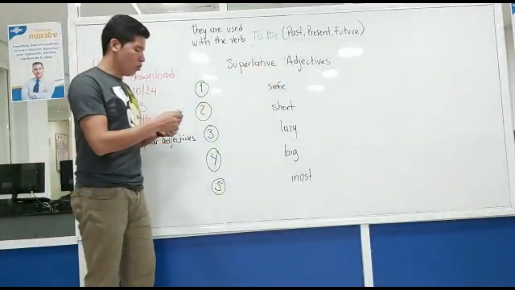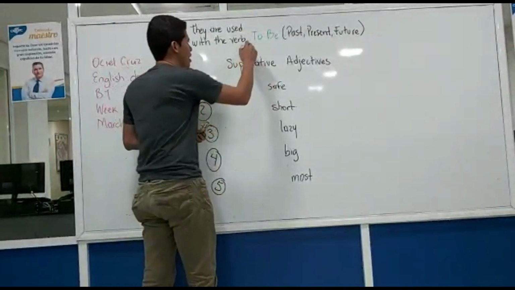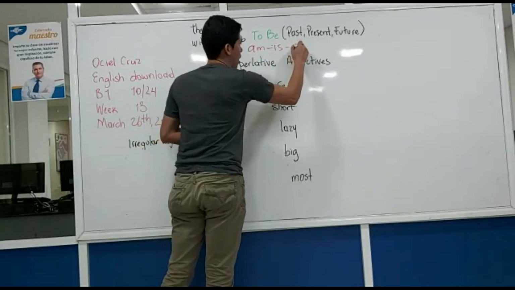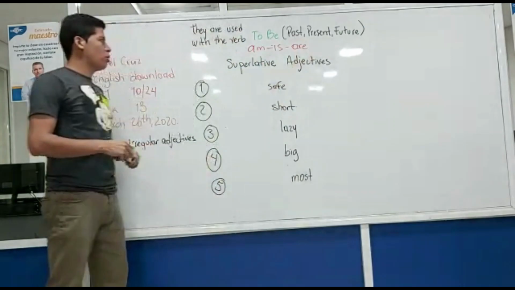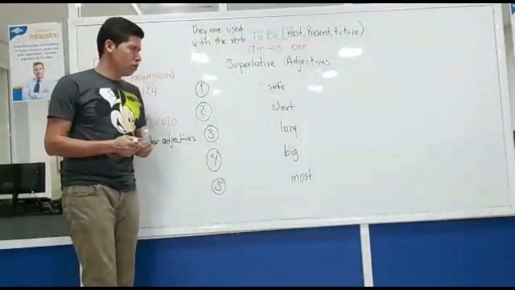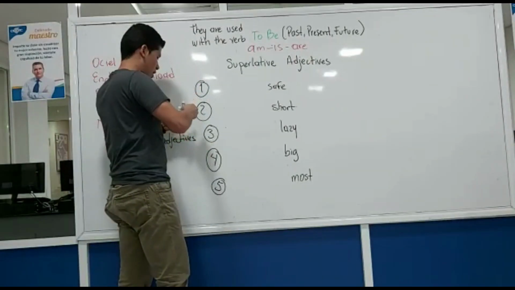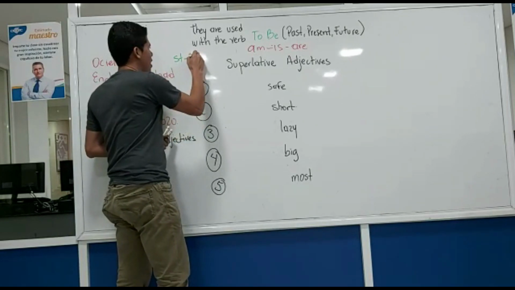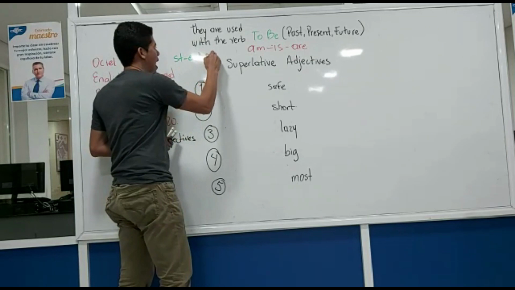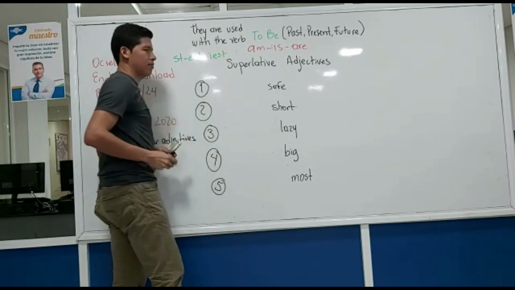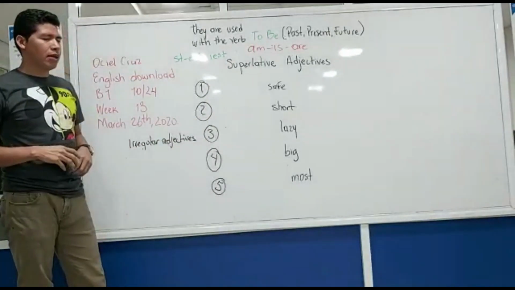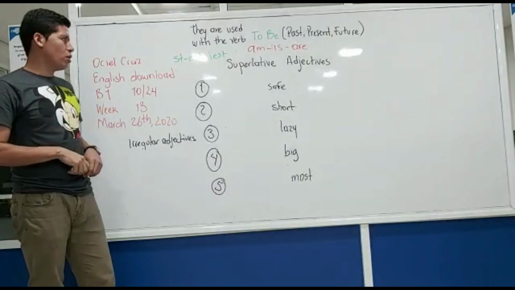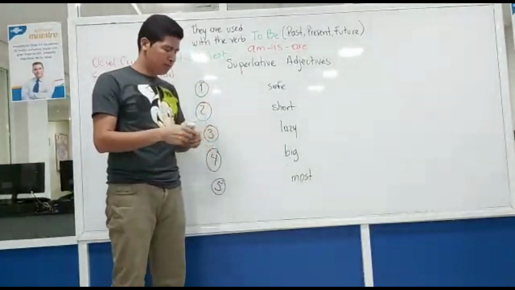You remember the verb to be: am, is, are. Okay? So for the superlative adjectives we use st, est, or maybe iest. That depends on the form of the adjective that you use in the superlative form.